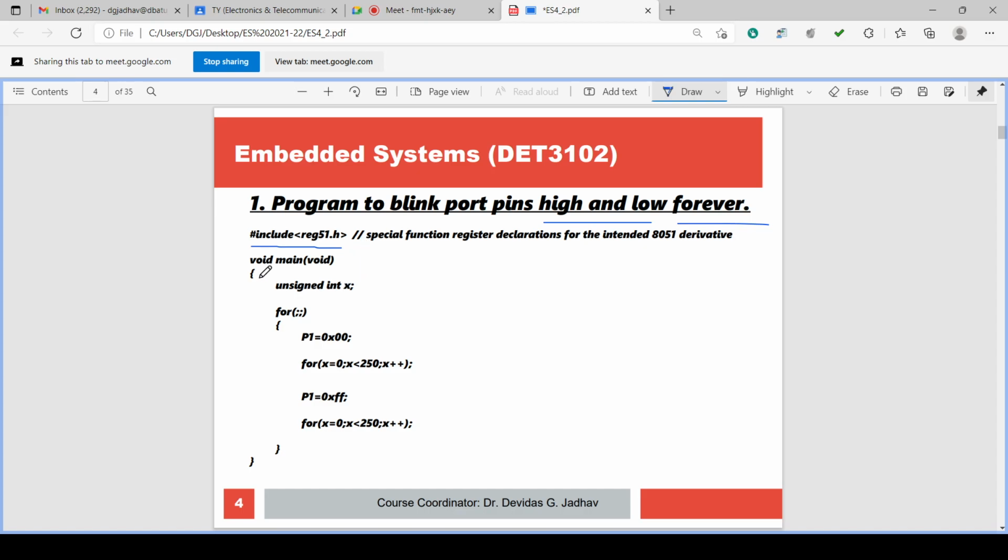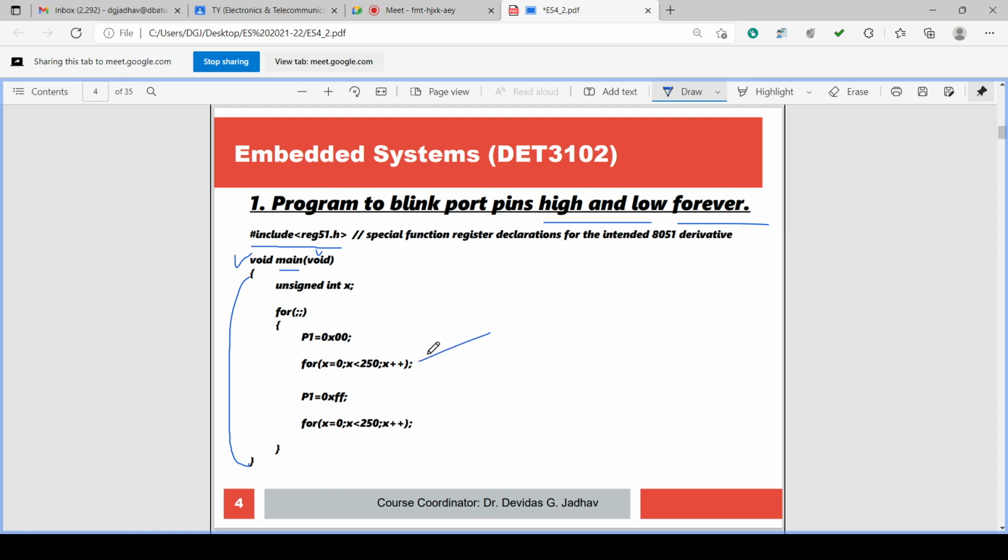We have the main function which returns void, with the argument void: void main(void). It has a block of commands enclosed by curly brackets. So in this program, port P1 has 8 pins and they are made high and low with some delay.